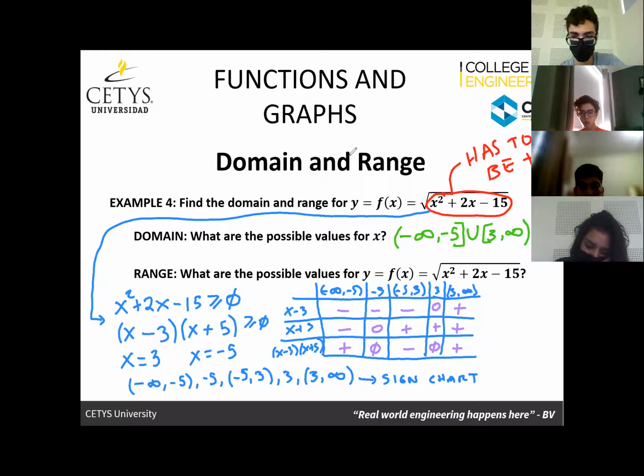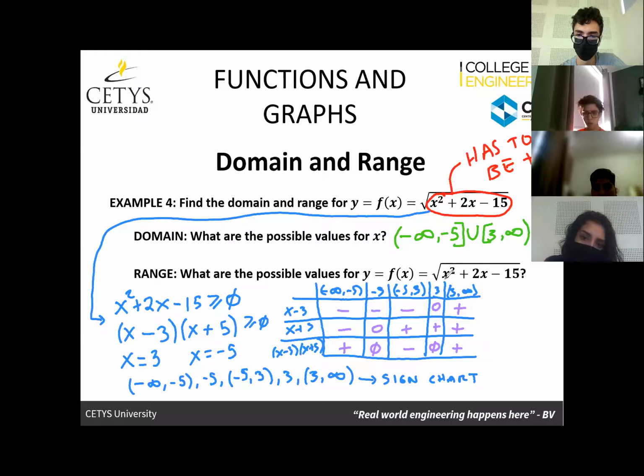If I substitute a number that is in this range, choose any number. Minus 6. Let's say I substitute minus 6 here. Notice something here, Andres. I'm not that interested in the specific value, I'm interested in the signs.